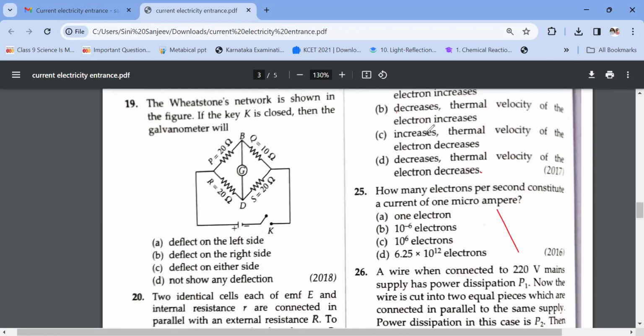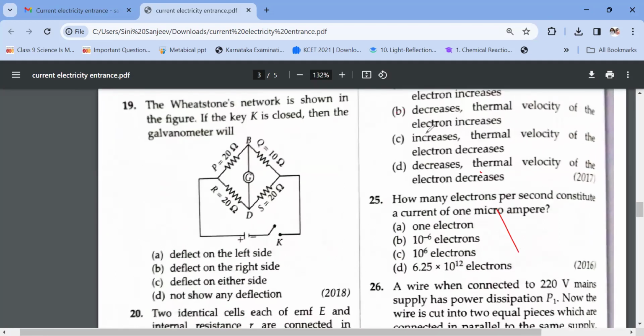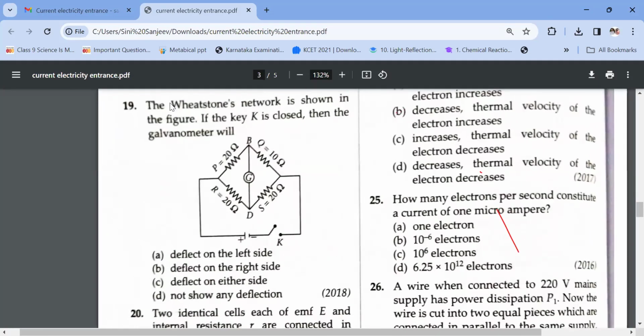Yes, I think I got one question. Question number 19. The Wheatstone network is shown. If the key is closed, the galvanometer will: deflect on the left side, deflect on the right side, deflect on the other side, or does not show any deflection. Which is the option for this question?